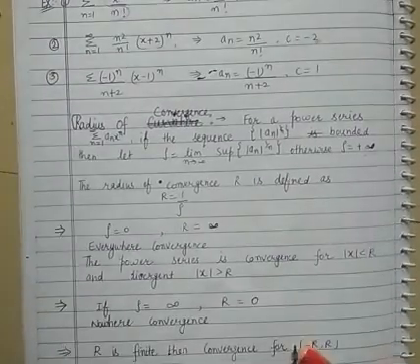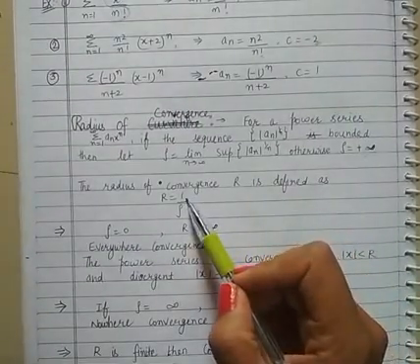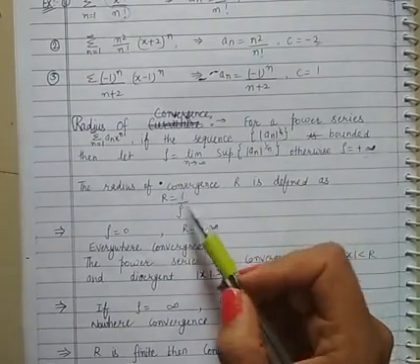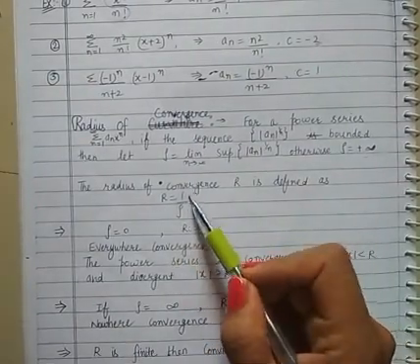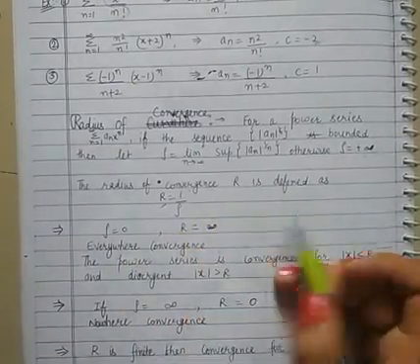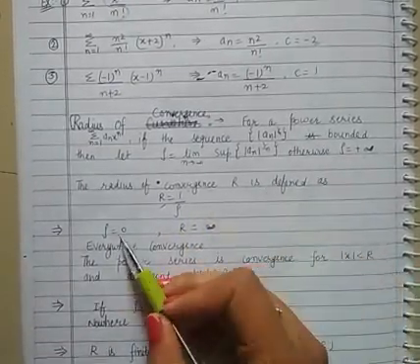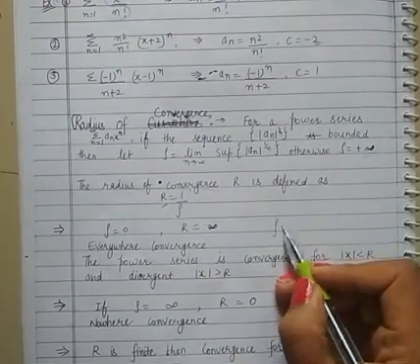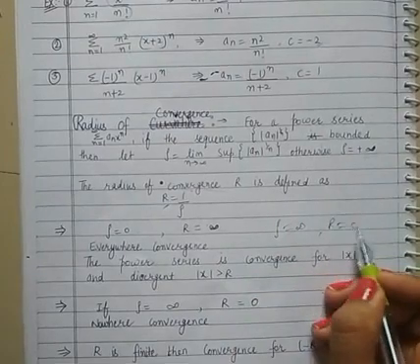We take r to be 1 by rho, that is, r is 1 by rho, and this r is called the radius of convergence. So if rho is 0, r is infinity. If rho is infinity, r is 0.